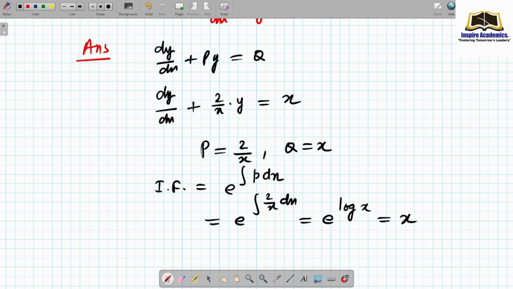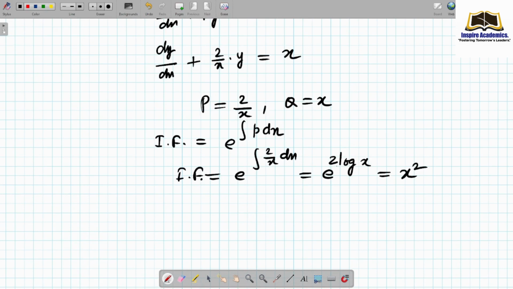But here it was 2, so it is e to the power 2 log x, which is nothing but x square. Everybody okay? E raised to the power 2 log x is equal to x square. Use the log property: e to the power log x square will be x square.